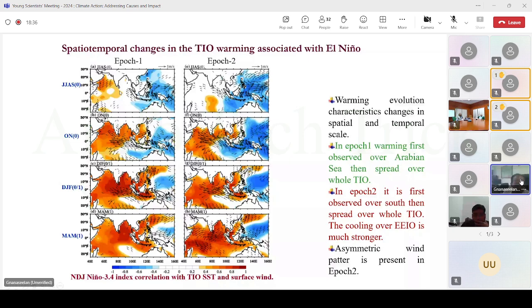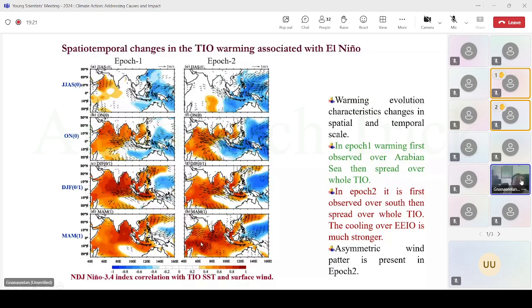For example, one of the significant changes in recent years is an asymmetric, C-shaped pattern of the wind happening in this region. That is also closely associated with large warming in the southwest Indian Ocean region. This is very important because these similar signatures you can see in many fields like the sea level pressure, SST, and the rainfall pattern. So this is going to affect the large scale patterns over this region.